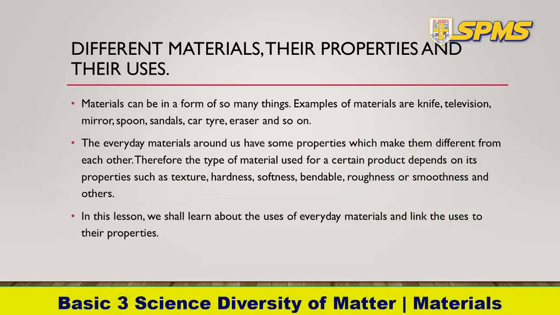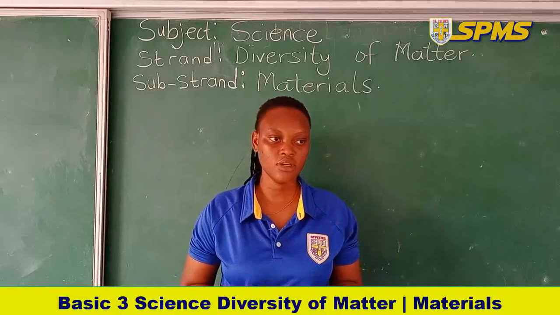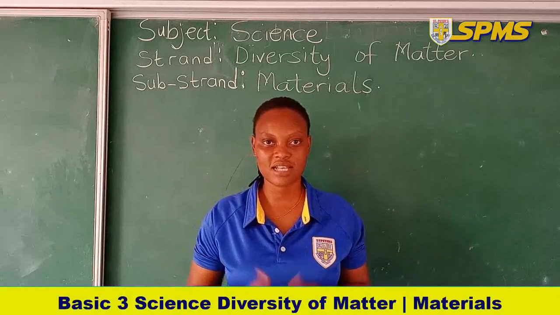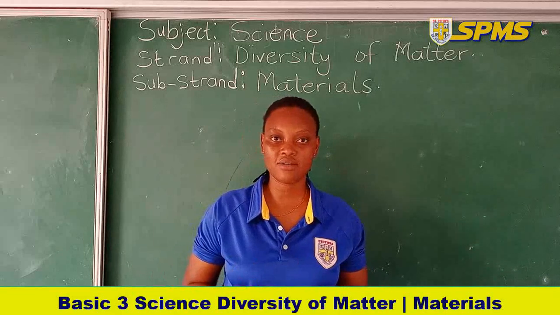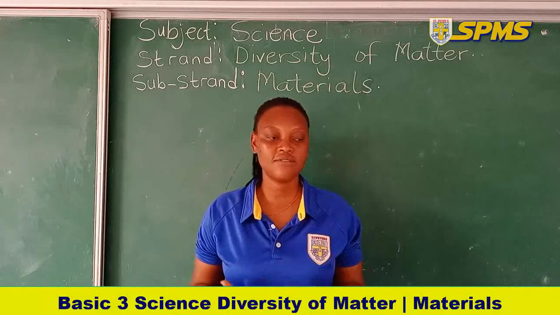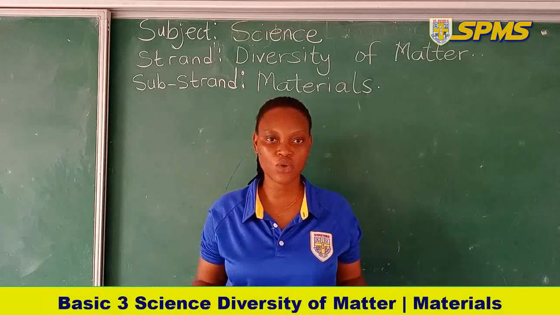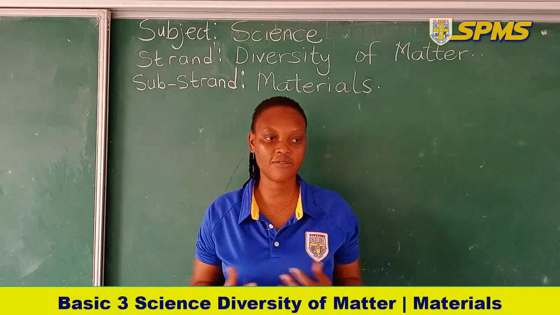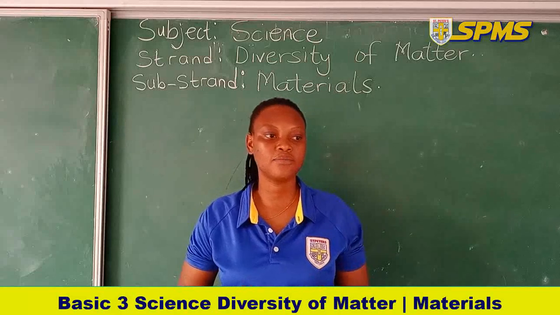So let us look at the different materials, their properties, and then their uses. So materials can be in the form of so many things, as I said. So examples of materials are knife, television, mirror, spoon, anything at all that is around you. Everything that you find around you, you can term as material.